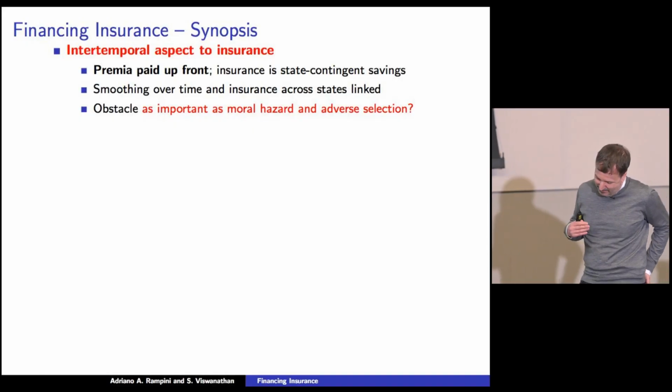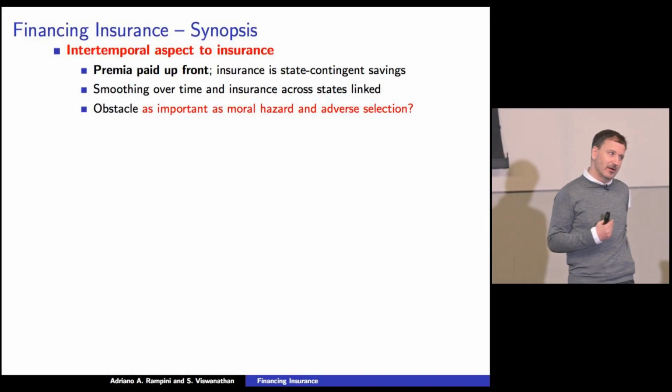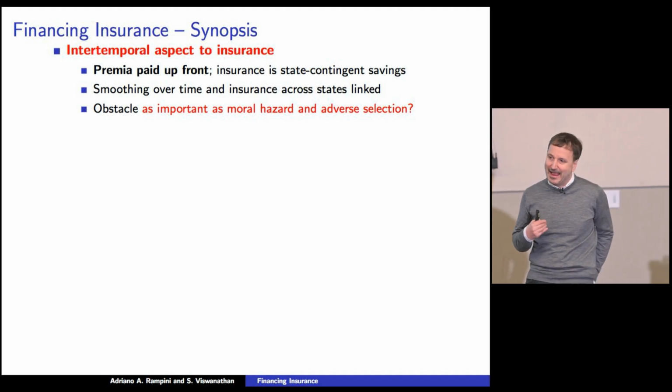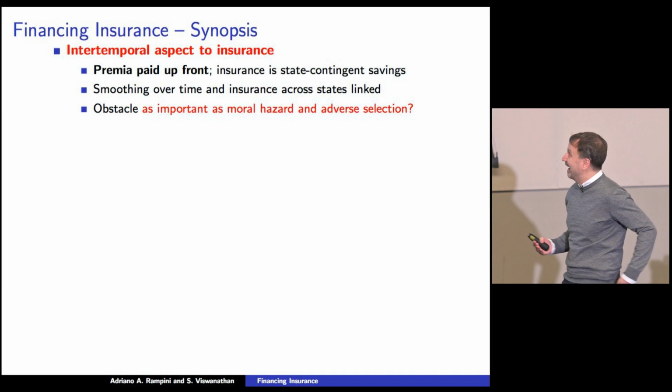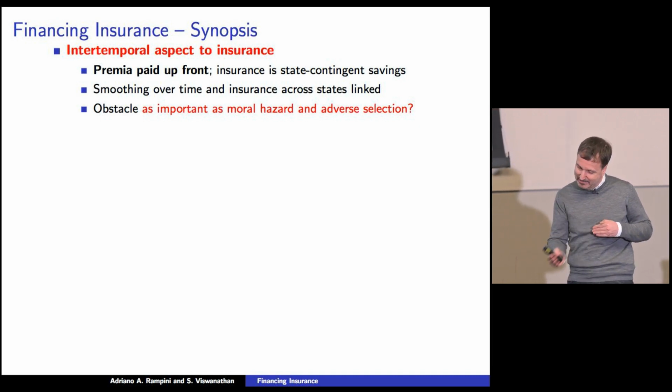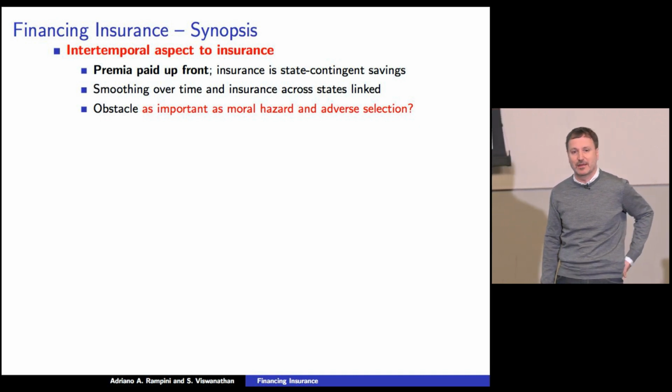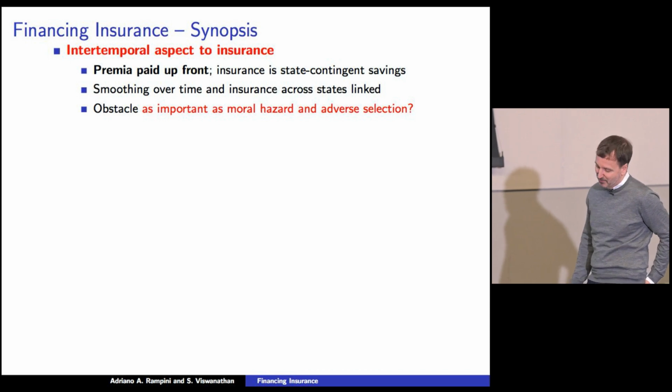So if the premium is paid up front, what we're going to argue is that insurance should be thought of as a state contingent savings, okay? And the smoothing over time and the trade across states are going to be linked because of that.